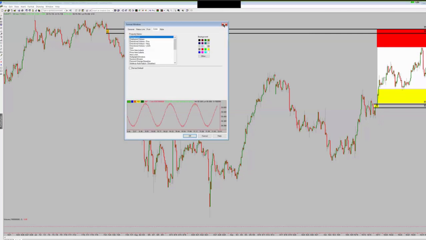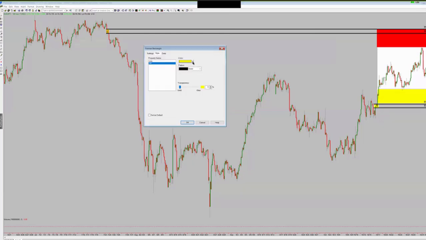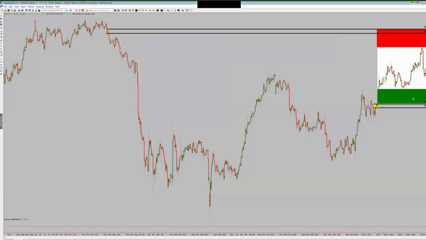One more here and then I'll explain this. So when it comes to supply and demand, there's that one, okay. And this has to come down to here.